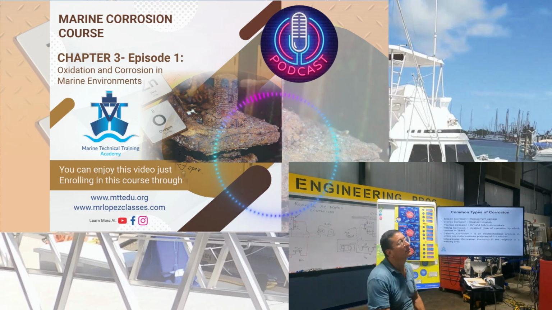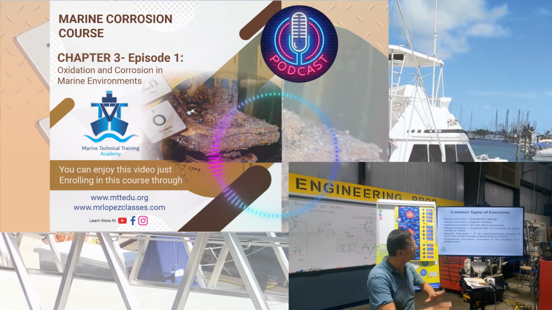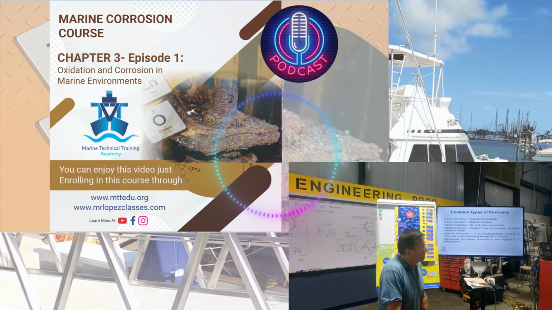Yeah? Alright? So acidic oxides are basically the combination of oxygen and a non-metal. For example, oxygen plus sulfur, oxygen plus phosphorus, oxygen plus nitrogen. Those are acidic oxides. And a basic oxide is the combination of oxygen and metals. For example, the combination of oxygen with calcium, oxygen with sodium.